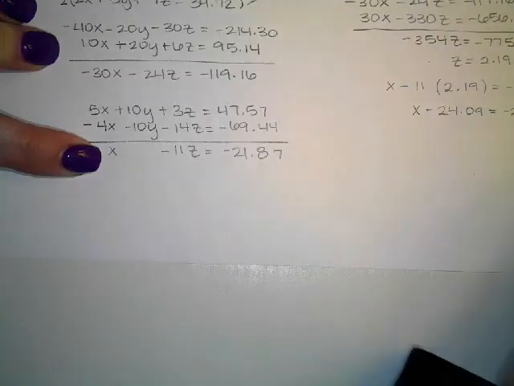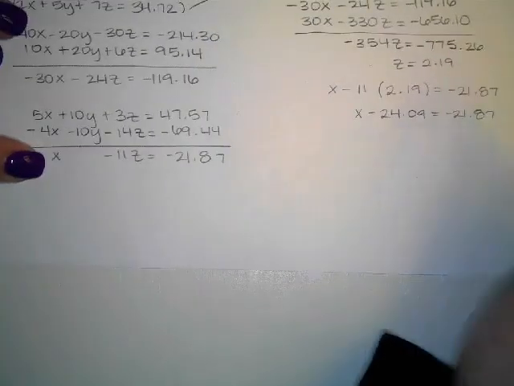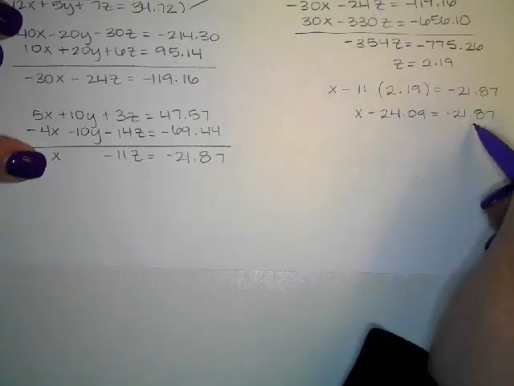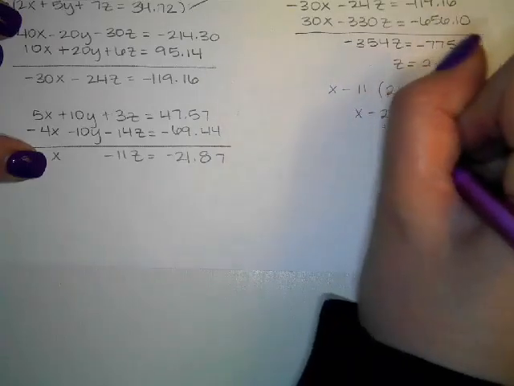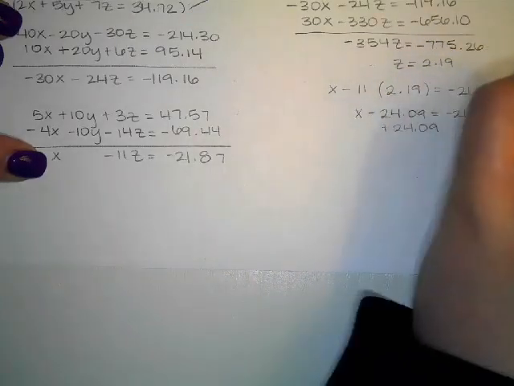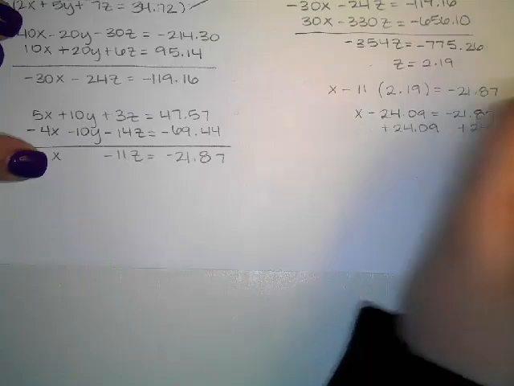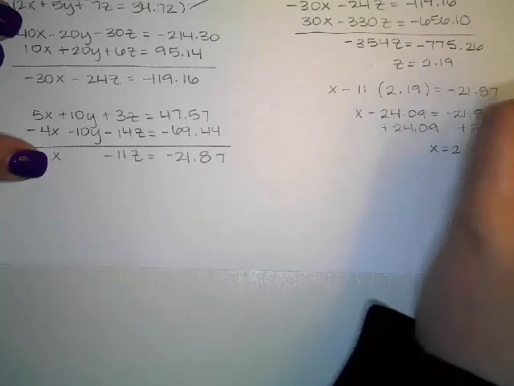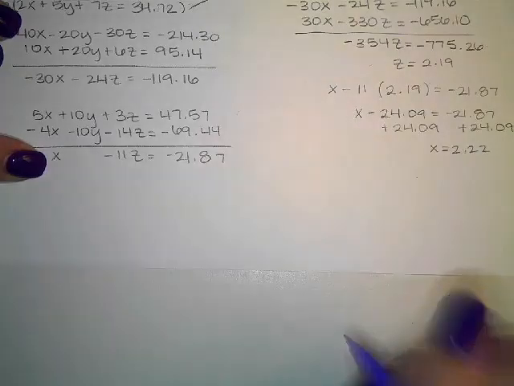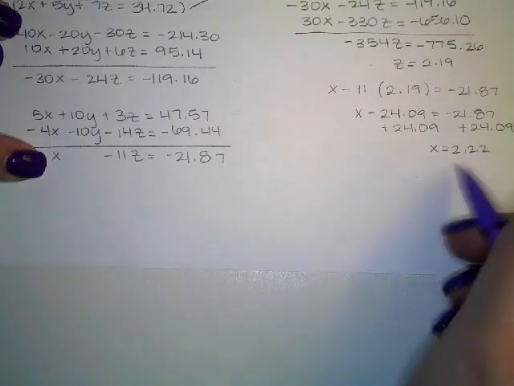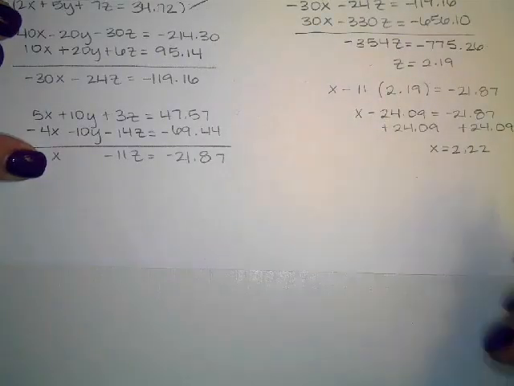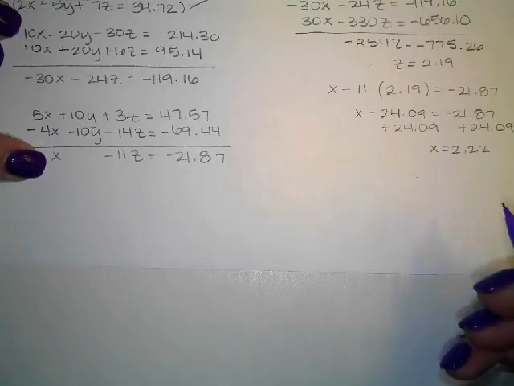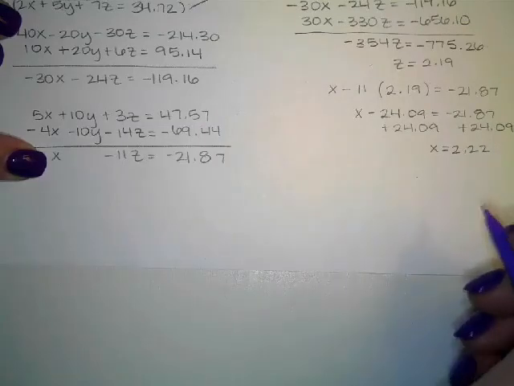And so if I add the 24.09 to the other side, I get that x is 2.22. And so that's a half gallon of milk is $2.22, which is maybe not reasonable for current prices, but I could see that being a reasonable answer at some point.